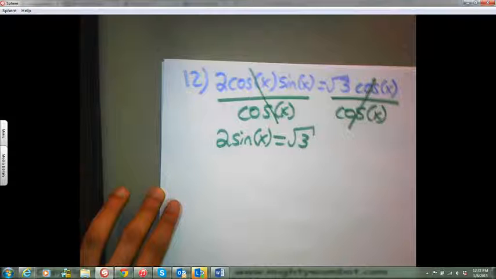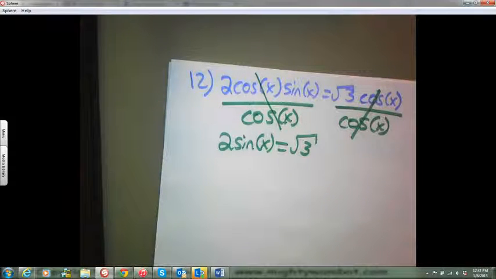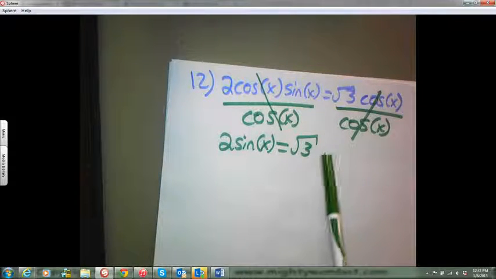The reason why this is not good, and in fact this is wrong, is cosine of x could be equal to 0. Cosine of x equals 0 when x is pi over 2, 3 pi over 2, 5 pi over 2, negative 3 pi over 2, negative pi over 2, and so on and so on.